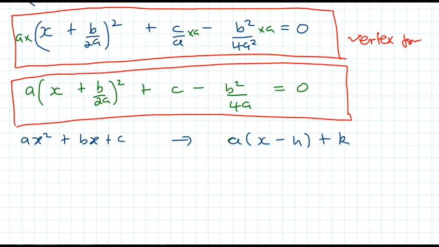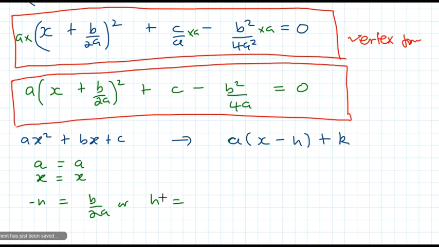So we see that a is equal to a, x is equal to x, and our h, which is here, is negative. I can even say negative h is equal to b over 2a, or I can say h is equal to minus b over 2a.